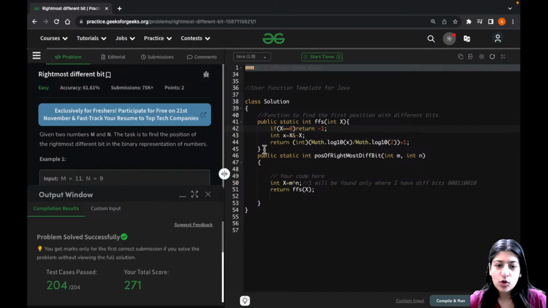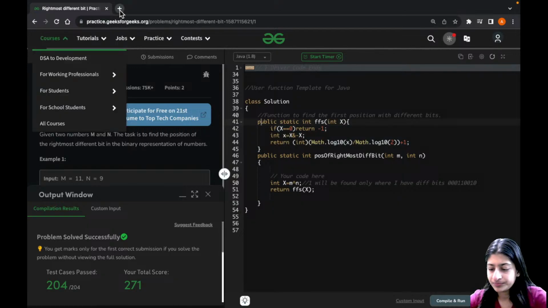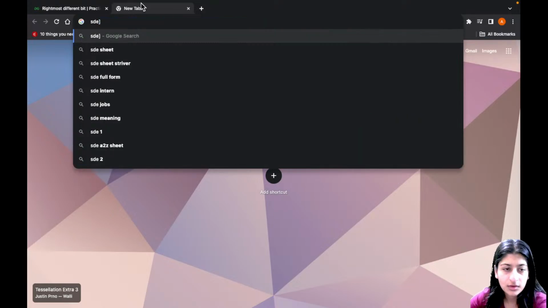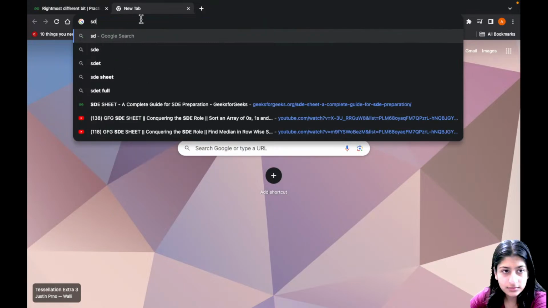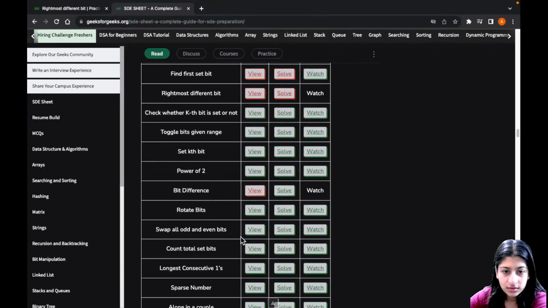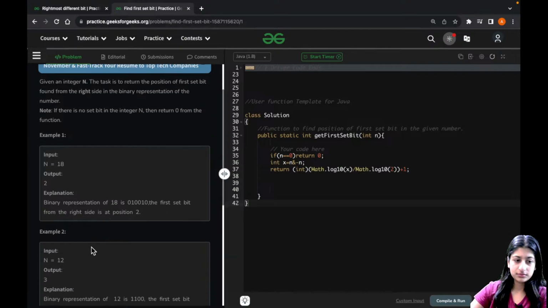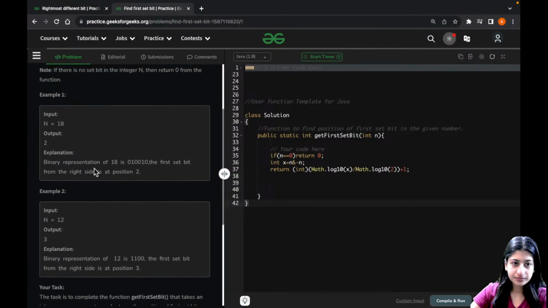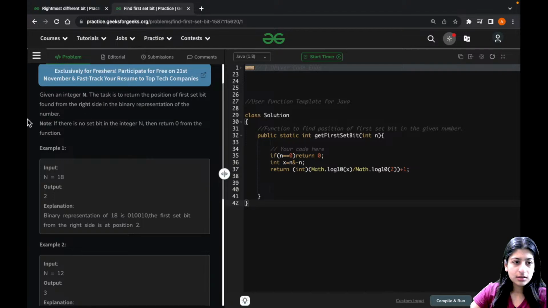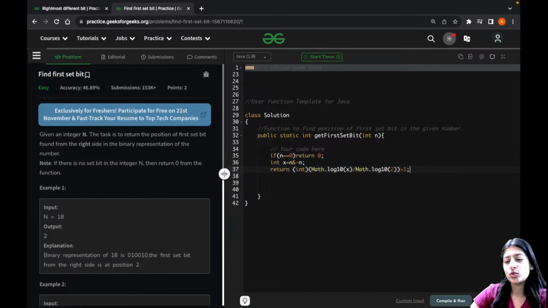So if you copy the same logic in this problem, except that they expect you to return 0 if your n is 0 and the rest is the same, you will be able to solve this problem also.